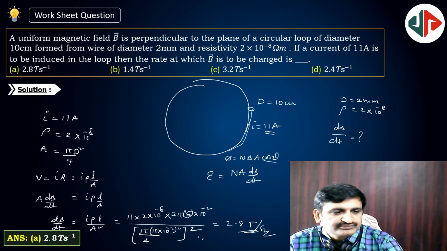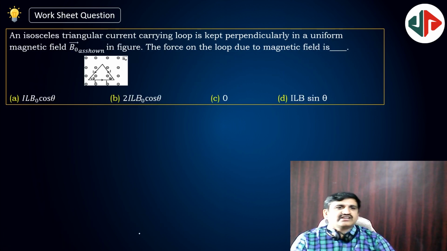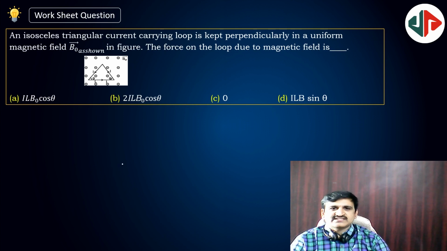Next. An isosceles triangle current loop is kept perpendicularly in a uniform magnetic field B0 in the figure. The force on the loop due to magnetic field is... Isosceles triangular.